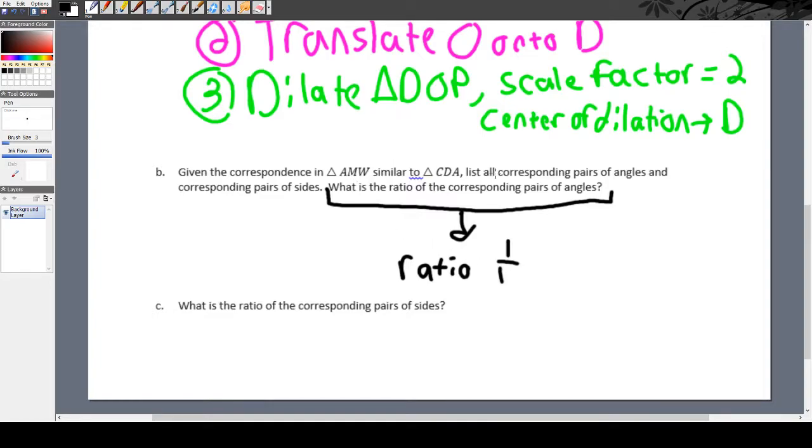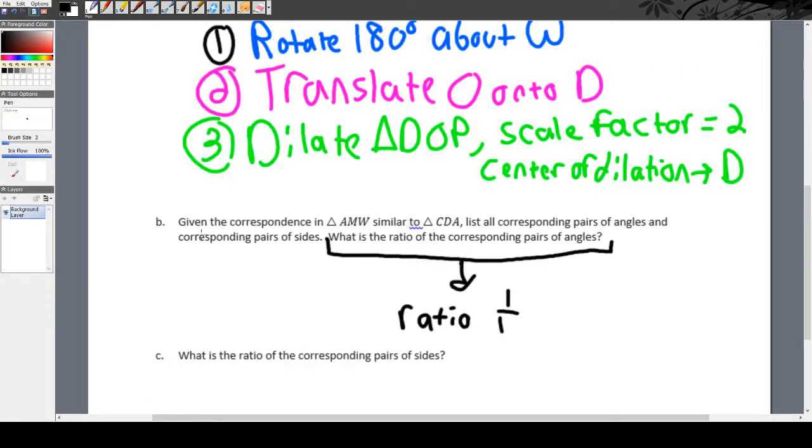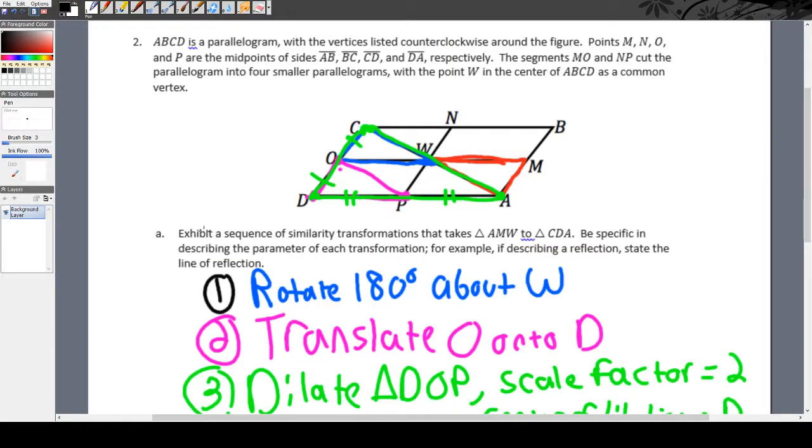Now we can answer the first part. List all corresponding pairs of angles and corresponding sides. So to keep track of this, I'm going to start with our original triangle, where we started. Our vertex, angle AWM, is where I'm going to be tracking the triangle as it moves.